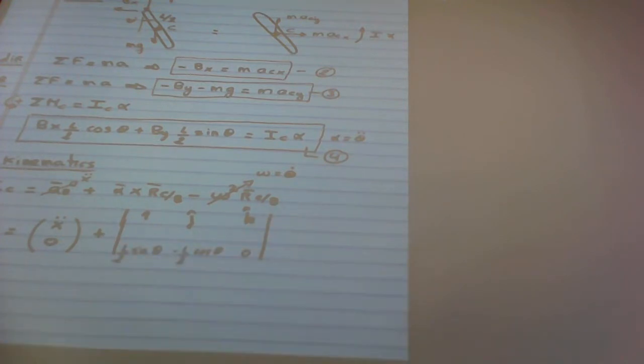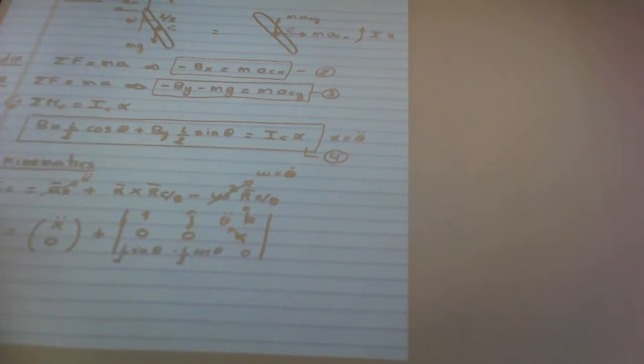Minus L over 2 cosine theta and 0. And this one here would be 0, 0, and this should be alpha, but we know that alpha is theta double dot.